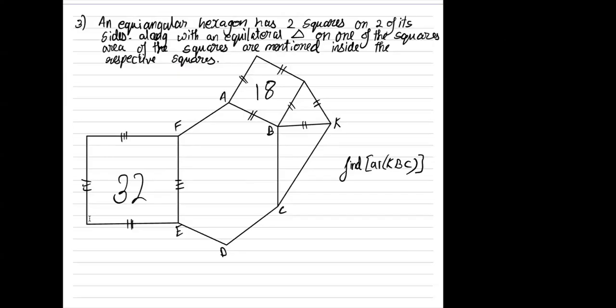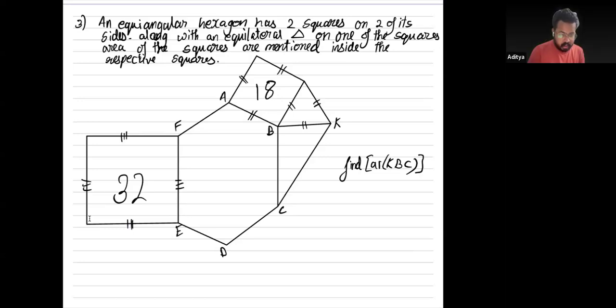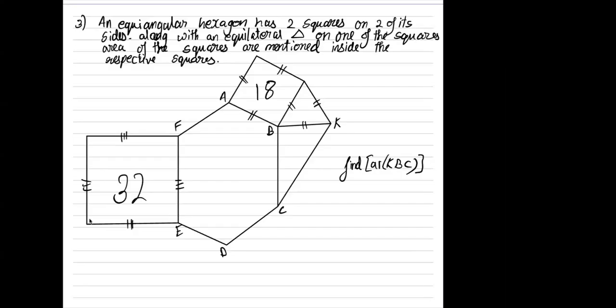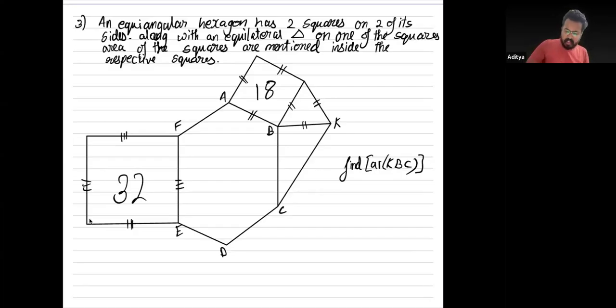Sir, is my answer correct? Yashraj, correct. Very good. Sir, is my answer correct? Jayant, you have found the square of whatever the answer is. These over here are the areas of the squares, okay?